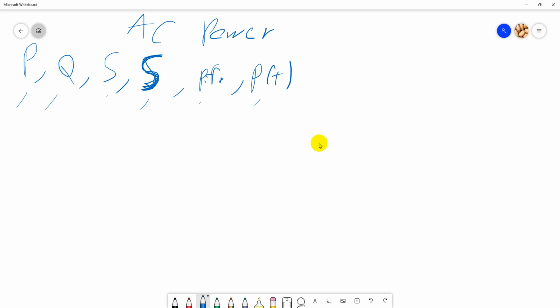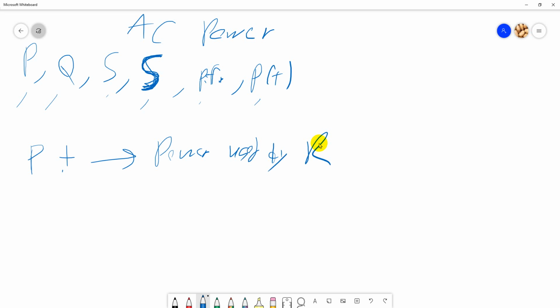Okay, so from this power, what is the relationship? From P, P is for the load, and P is always positive. If there is a P value, it means that there is power used by the resistor.